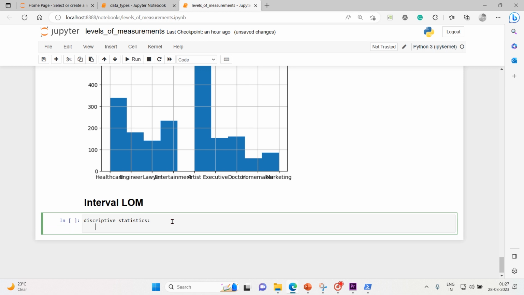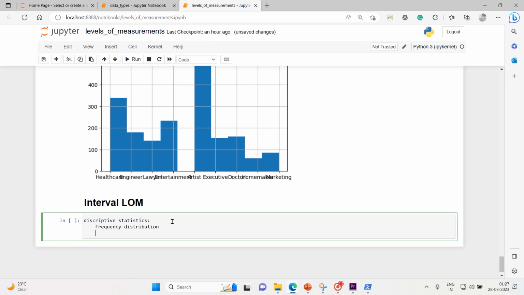The measures of descriptive statistics that we can use with interval data are, as usual, the first one remains the same: frequency distribution.